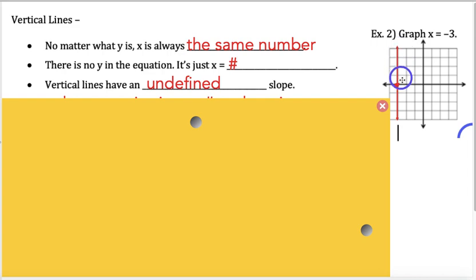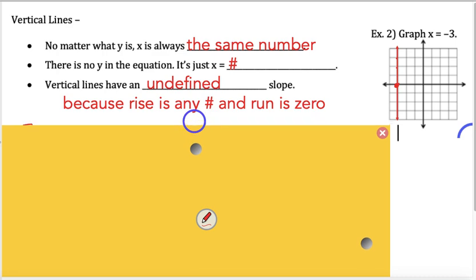Now, why is the slope undefined? Remember when we were looking at slope, we pick perfect points on the graph. We could have a rise of literally any number. These points go on infinitely. So because the rise is any number and the run is 0, there's no run between these points.